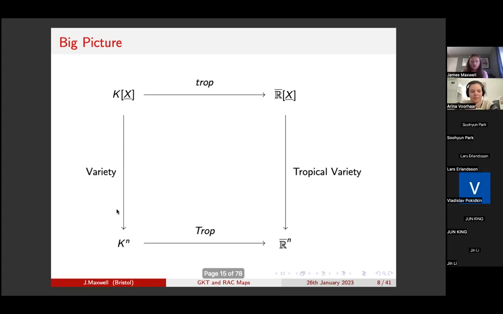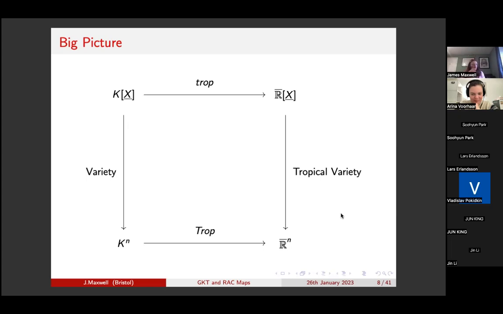We can look at varieties in the classical algebraic geometric sense by looking at root solutions of our polynomials, but we can also look at tropical roots of our tropical polynomials, the points where the maximum is achieved more than once. And then down the bottom, we can also tropicalize points in n-space.